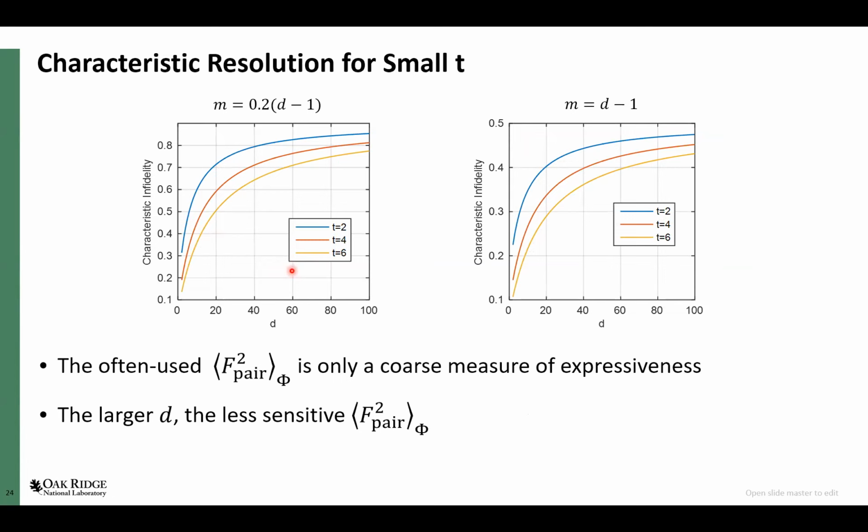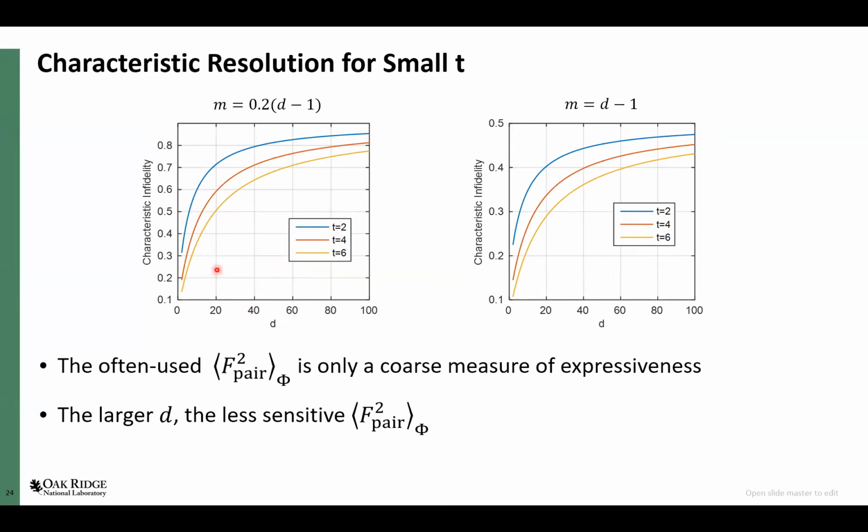And I want to point out that almost all the works out there use t equals 2 to quantify expressiveness. So if we plot what this characteristic resolution looks like for small t values for various dimensions of Hilbert space, you can see that this characteristic infidelity becomes quite large rather rapidly.